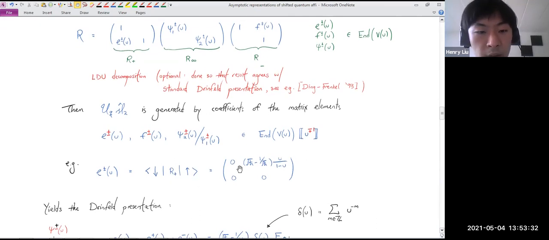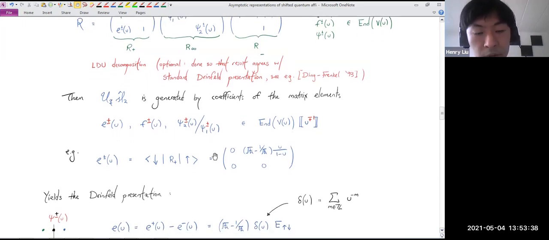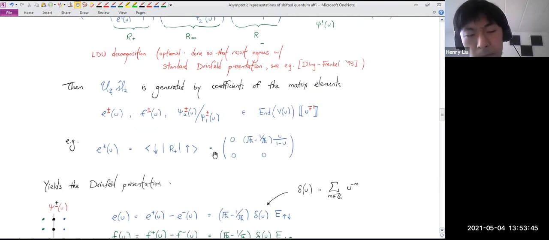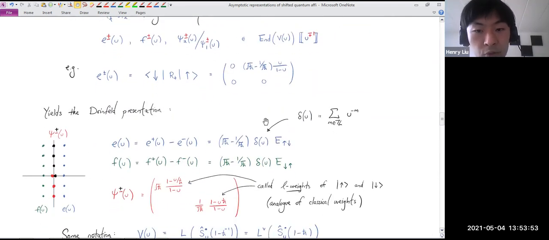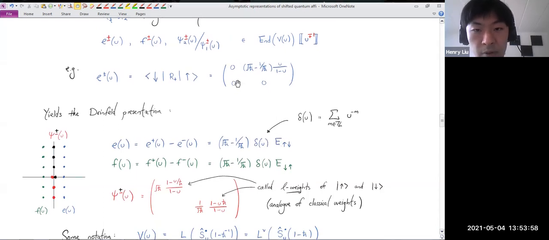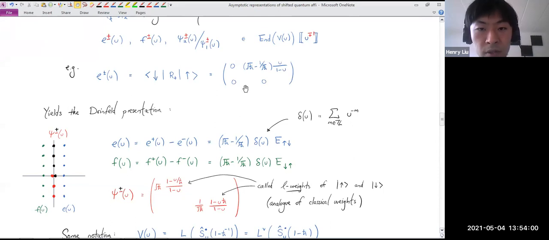If you expand it around u equal to 0, you get something. If you expand it around u equal to infinity, you get something else. But each coefficient looks like the 2x2 matrix, which is just 0, 1, 0, 0, up to the scalar, which is root h bar minus root h bar inverse.